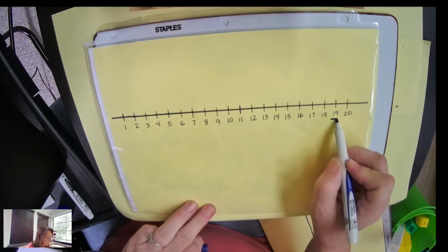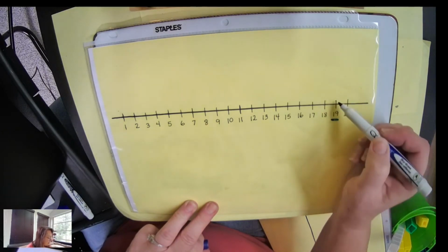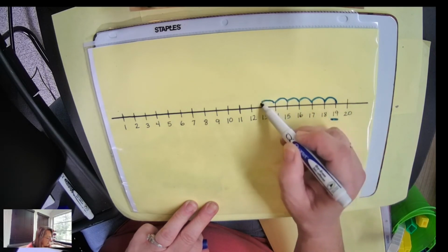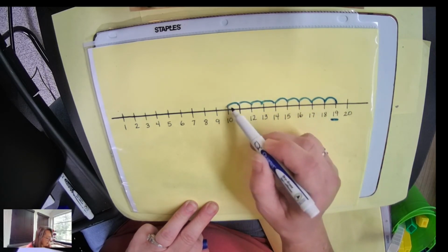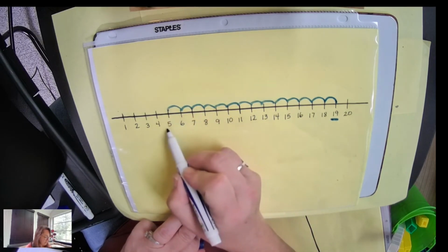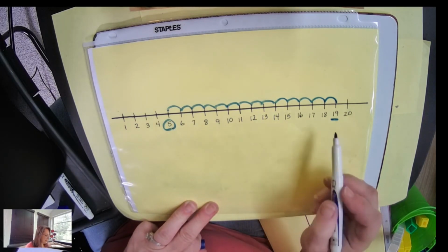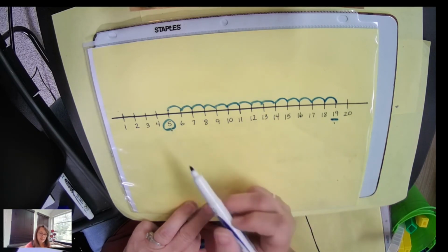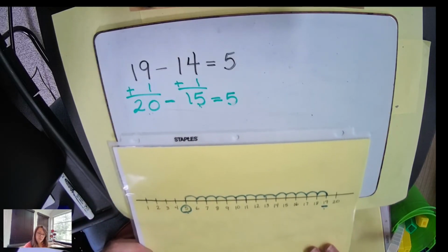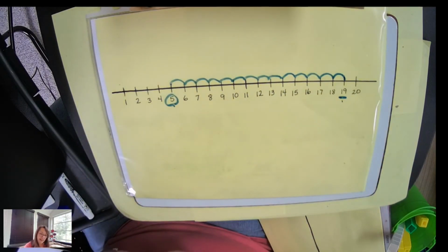19 minus 14. 19 minus 1, 2, 3, 4, 5, 6, 7, 8, 9, 10, 11, 12, 13, 14. 19 minus 14 equals 5. Now the second problem we had was 20 minus 15. And how did we get that?